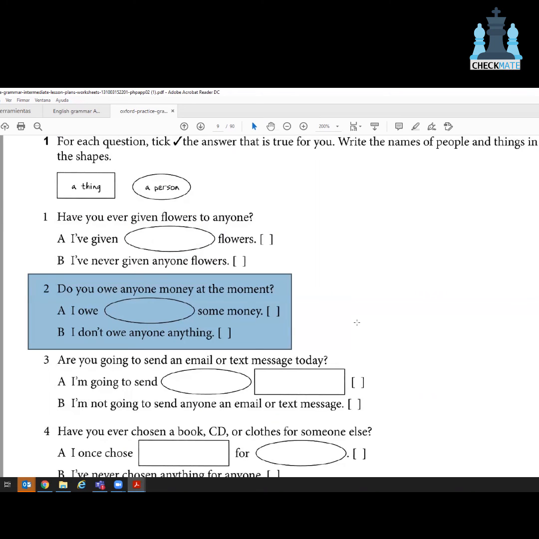Do you owe anyone money at the moment? Yes, I think yes. In an emergency or something, I owe my aunt some money. Okay, very good.